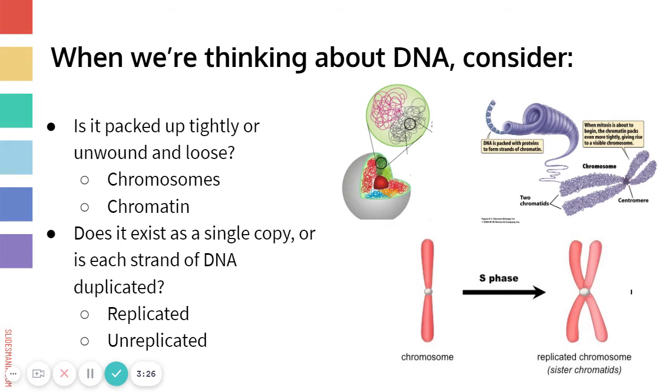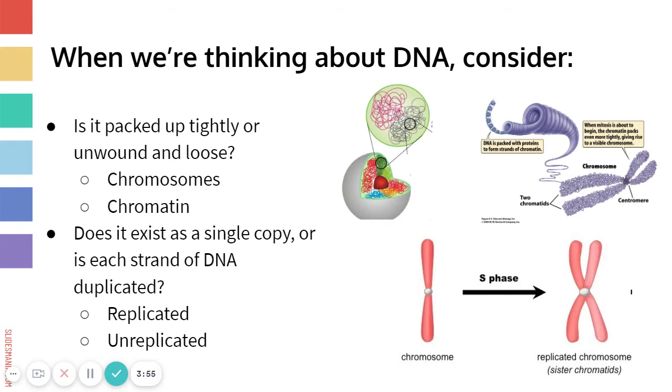When DNA is in this unwound form, we call it chromatin. So that's the first question. Is it unwound and loose, in which case we're calling it chromatin, or is it in this super compact X-shaped form, or it could even just be one side of this X, in which case we're calling it a chromosome? So packed up tightly is chromosome, unwound is chromatin.